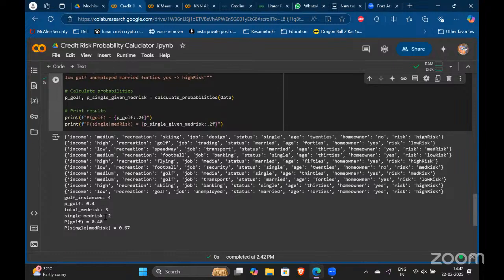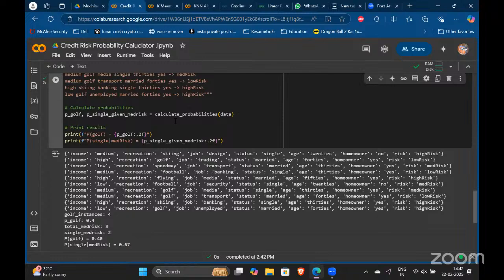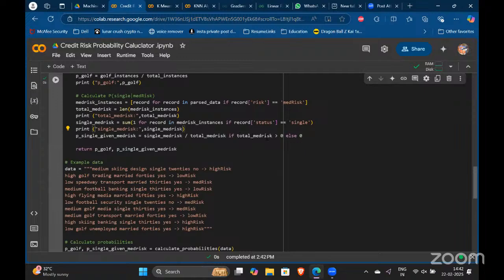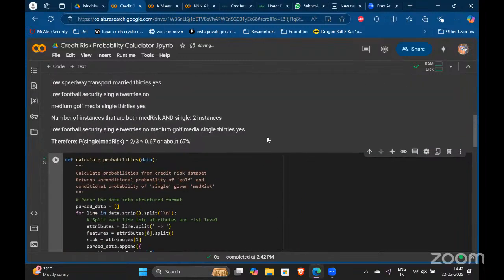So single and mid-risk instances are two. Now we need to identify the probability of a person who is single and also mid-risk. So what we will be doing is single mid-risk by total number of mid-risk. If the total mid-risk is greater than 0, then we will be printing the data.